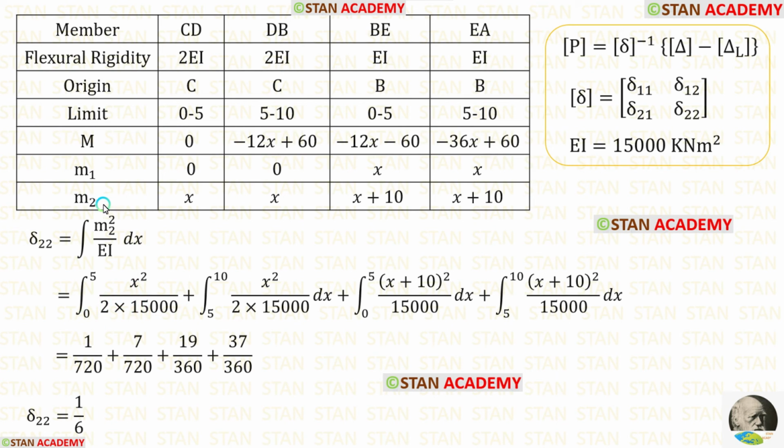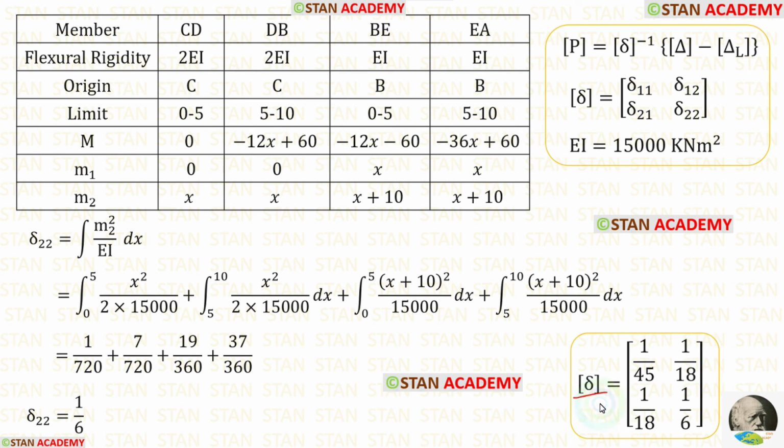In the integrations, let us apply the values of m2. After the integrations, we have to add these four values. After adding, we are getting 1 upon 6.